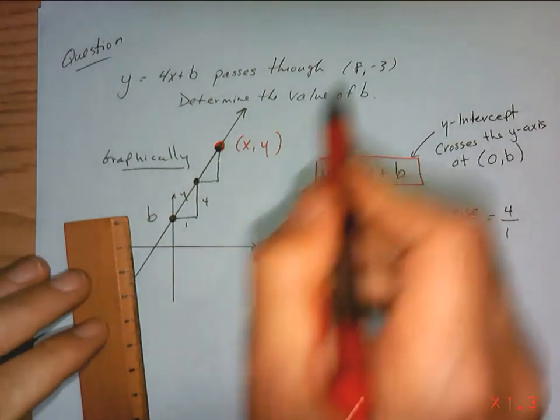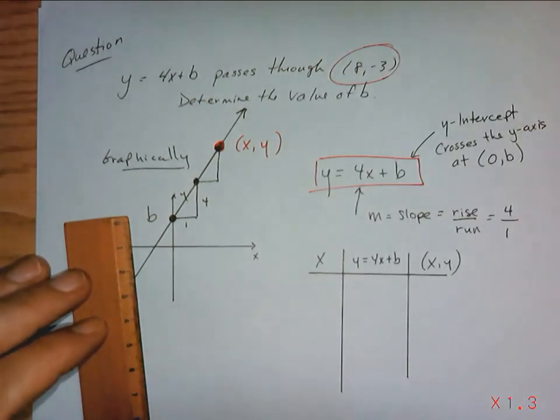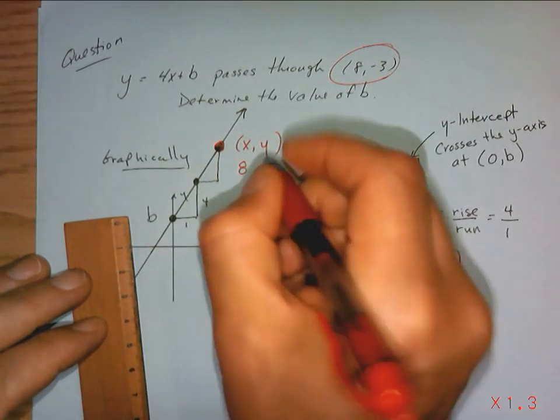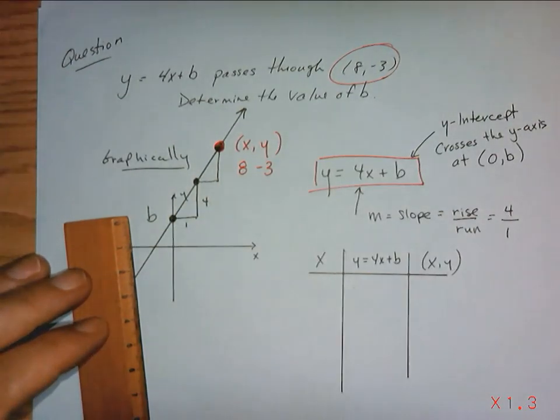They're telling me that the point 8 comma negative 3 lies on this line, which means when x equals 8, y must equal negative 3.